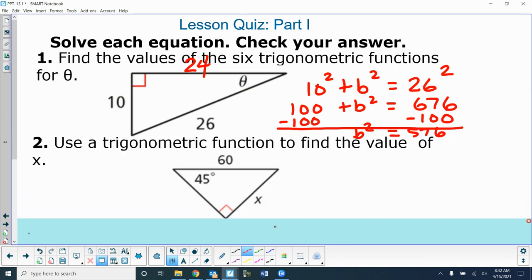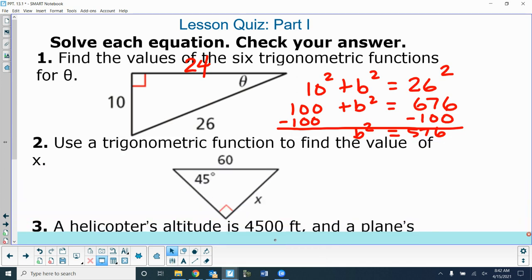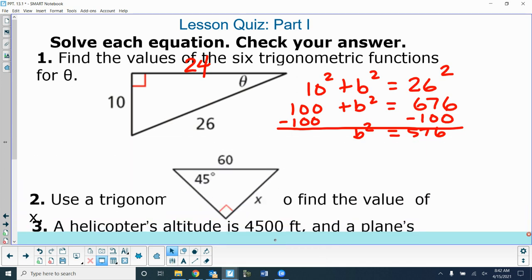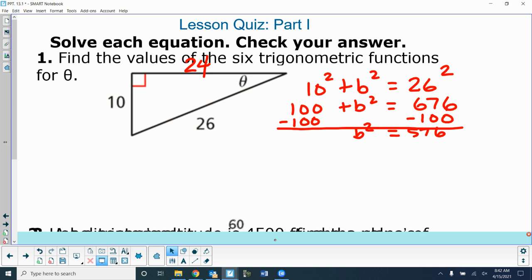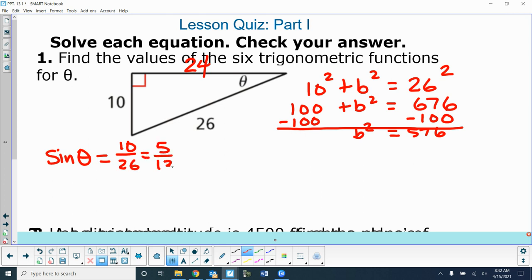So let's move this down. See if we can move that stuff down so we can answer this. All right, so sine of theta, Sammy Joe told us already, it's 10 over 26, which reduces to 5/13.